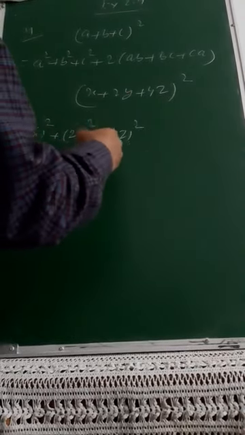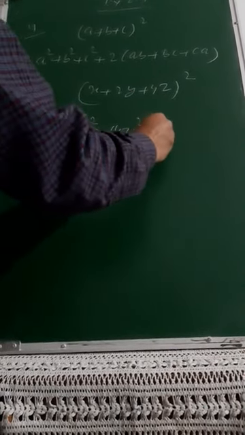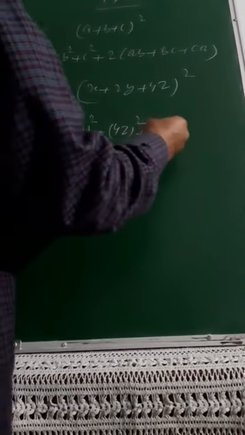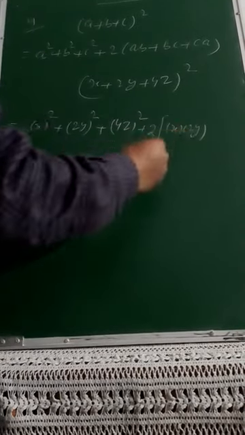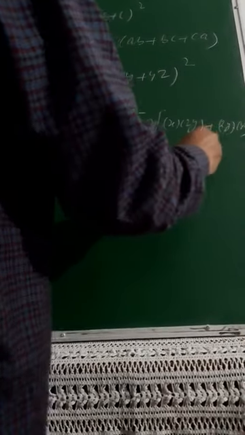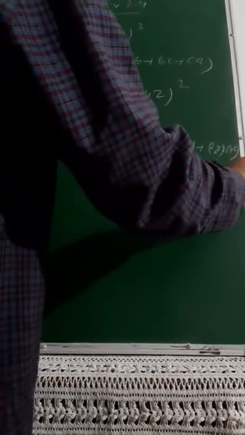A square plus b square plus c square, and then plus 2(ab plus bc plus ca). ab is x into 2y, bc is 2y into 4z, and make use of brackets, that is always better, and ca is x into 4z.